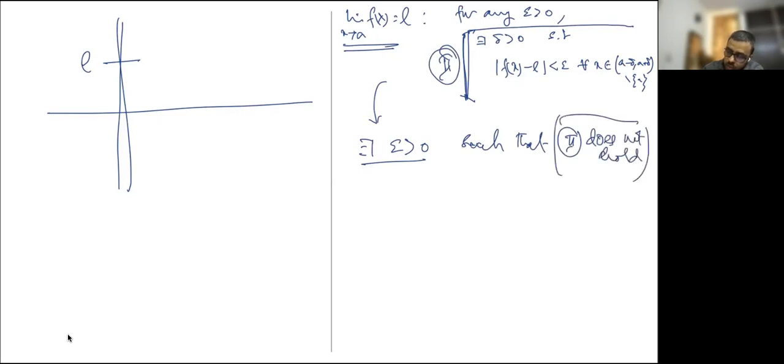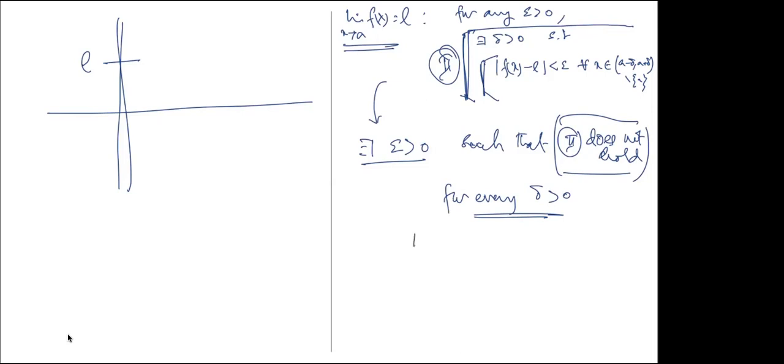So now you focus your attention on part 2. Part 2 is this. So what is not 2? 2 does not hold. So 2 says that there is a delta for which something holds. So the negation of 2 is for every delta, the next part fails. Now, how does this part fail to hold? There exists x in the interval such that, yeah.